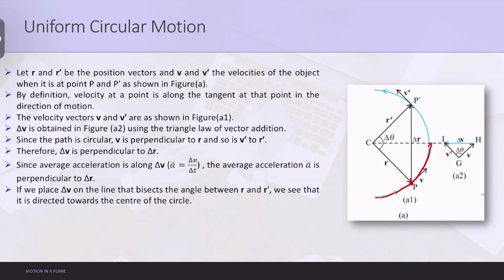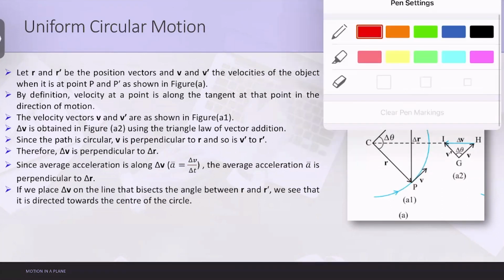When we studied the subtopic motion in a plane, we understood that the instantaneous velocity is tangent to the path at the point P. Similarly, here the velocity v dash is tangent to the path of the particle at the point P dash. That is why the direction is this way. You may have a confusion as to why this is the case.